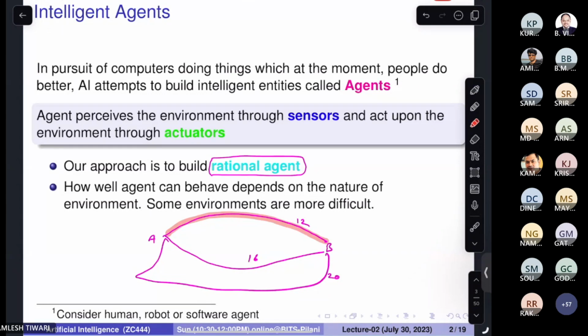But let's assume that you have some more information. For example, you open your window and you see that it is raining outside. What does it mean?